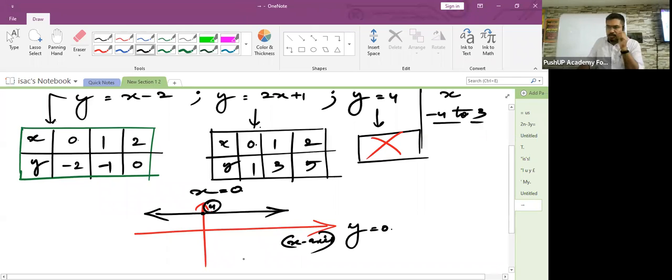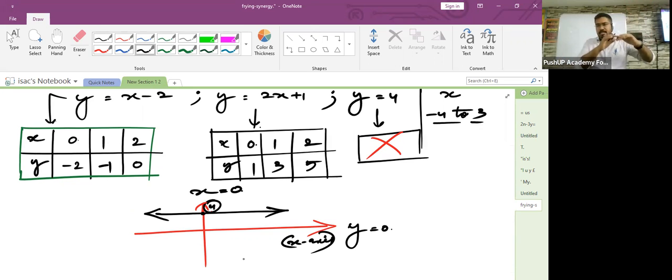Children, y is equal to 0 means it is the x-axis, what we learned in the first session. Now, y is equal to 4 means what? It is a line which is parallel to the x-axis and which passes through point 4 on the y-axis. You all had learned this in the first session. Remember? Hemant, remember?